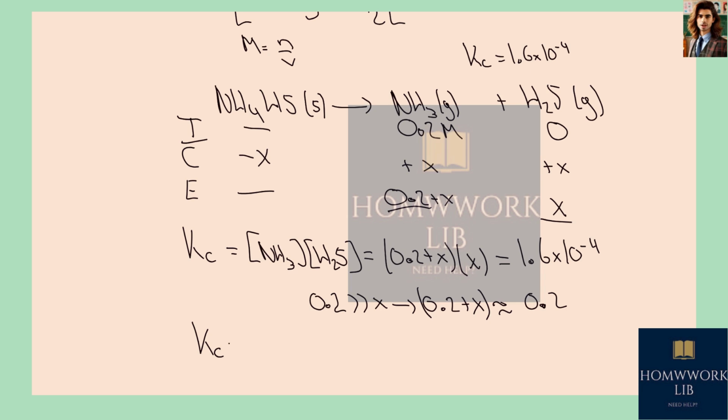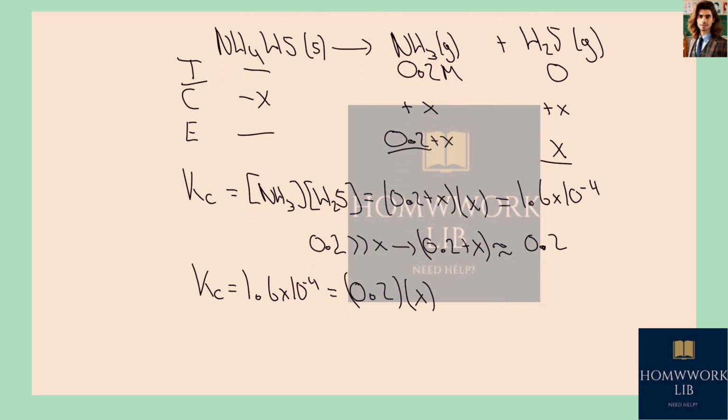So Kc, that is equal to 1.6 times 10 to the minus 4, will be equal to 0.2 times x. So the value for x that we want to get is going to be equal to 1.6 times 10 to the minus 4 divided by 0.2, giving us 8 times 10 to the minus 4.